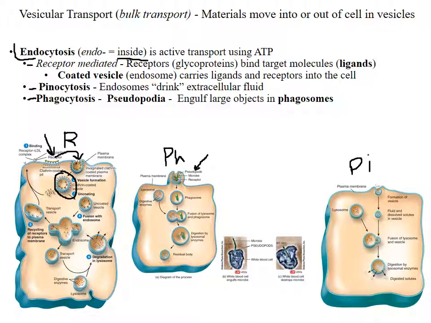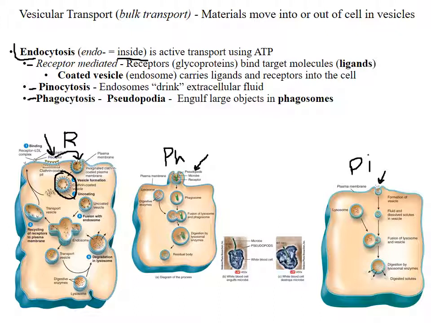Pinocytosis, on the other hand, works more like a straw. I described in class pinocytosis like if you were chewing gum and you blew one of those backwards bubbles where you put the gum in front of your teeth and sort of sucked the bubble into your mouth. That's the same sort of thing that the cell is doing here, where it's pulling in part of its membrane, and along with that membrane comes whatever happens to be in the vicinity of that part of the membrane when it pulls it in there.